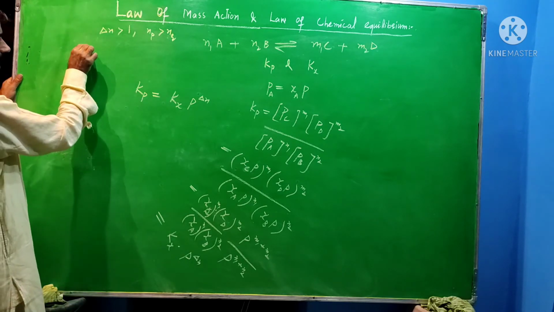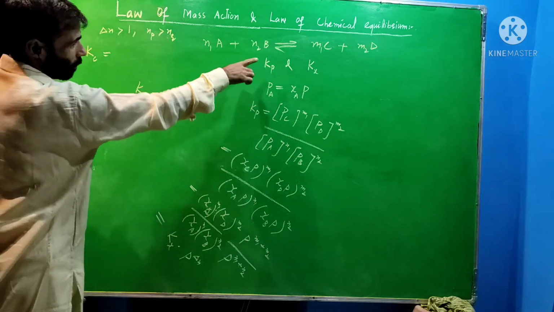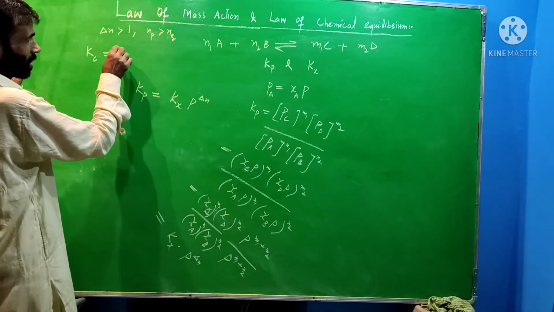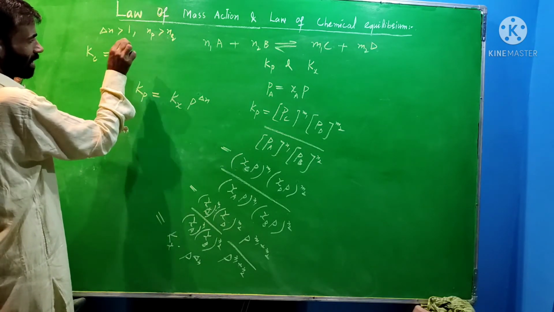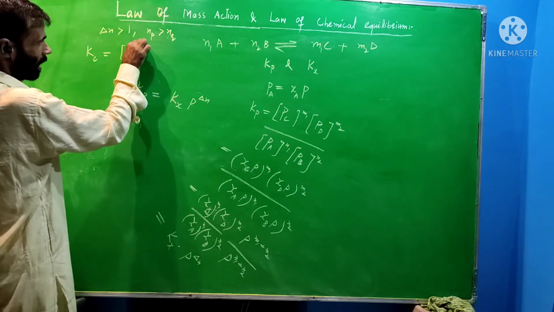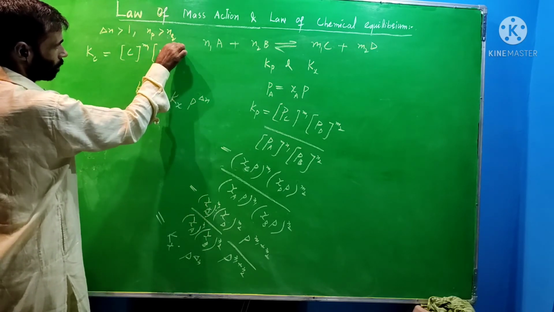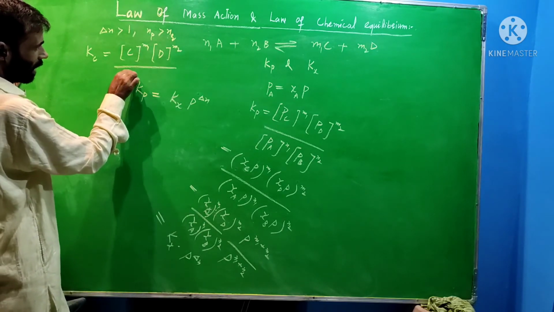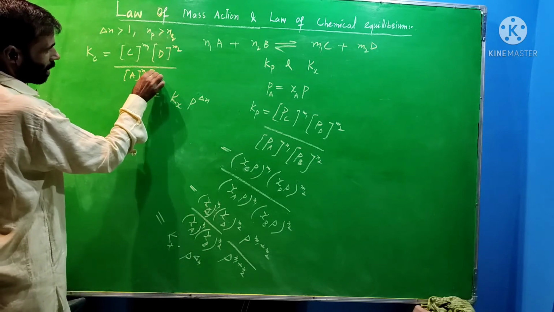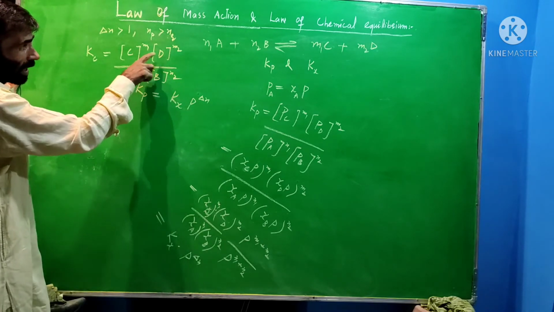Now we will take up the units of Kc. We know each term within the equilibrium expression, the equilibrium constant, is a molar concentration. Again we have C raised to m1, D raised to m2, divided by A raised to n1 and B raised to n2. Each of these is in mole per liter.